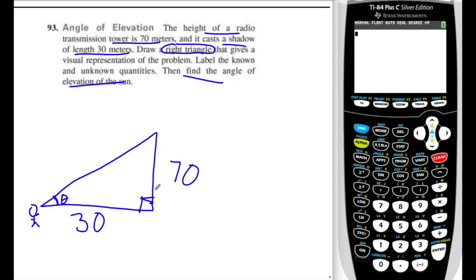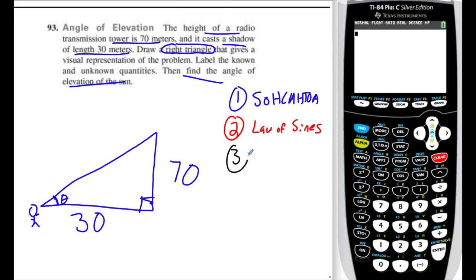All right. So when you solve these problems, the first thing you should see is if you can use SOHCAHTOA. If you can use SOHCAHTOA, you're good to go, and you just proceed. That's the easiest case. The second thing you should do is see if you can use law of sines, if SOHCAHTOA doesn't work. And then the third thing you should do is use law of cosines, okay?